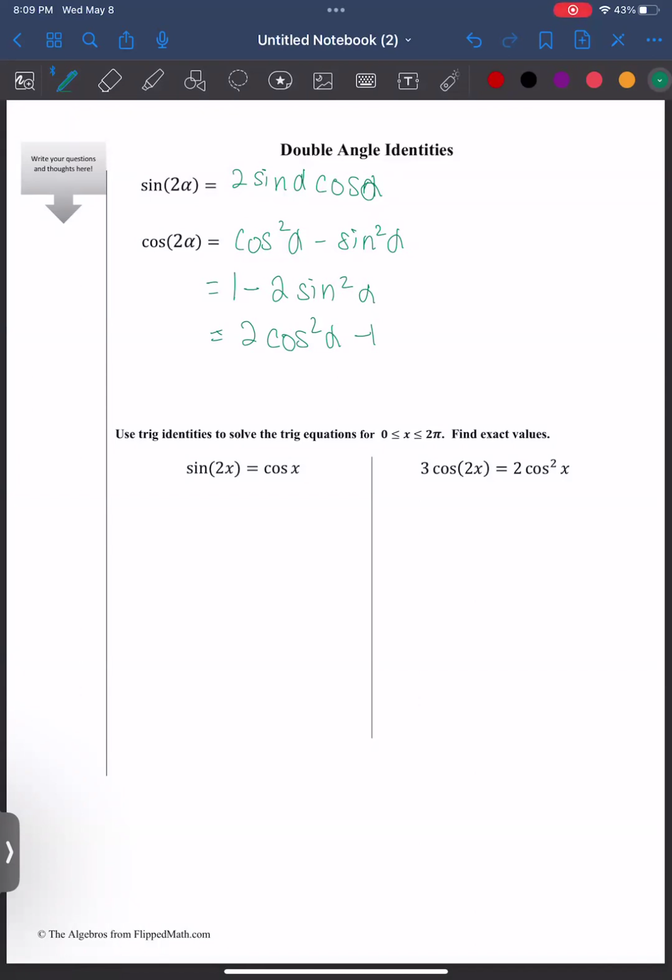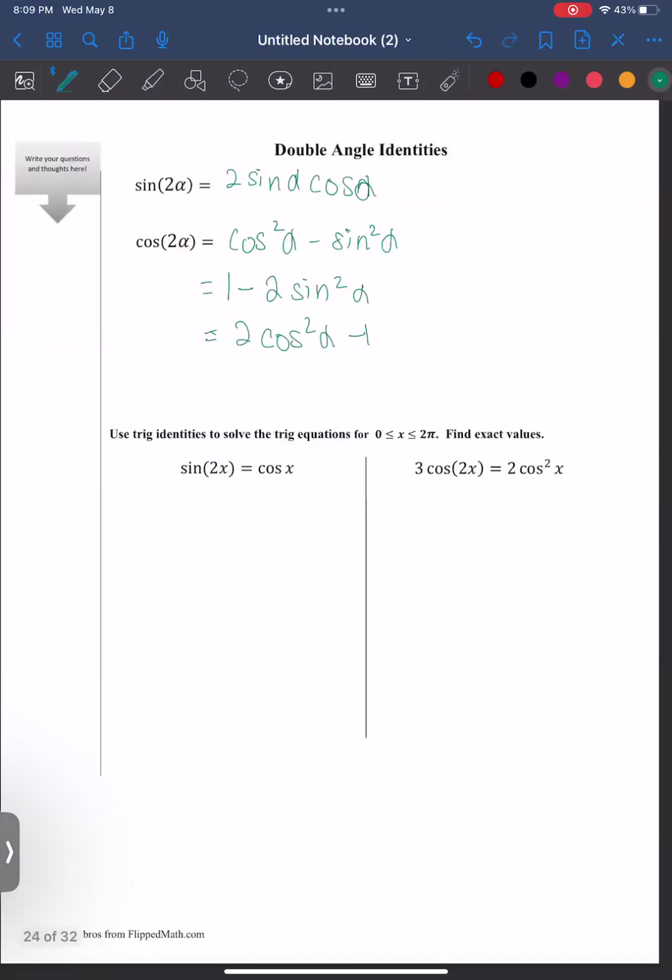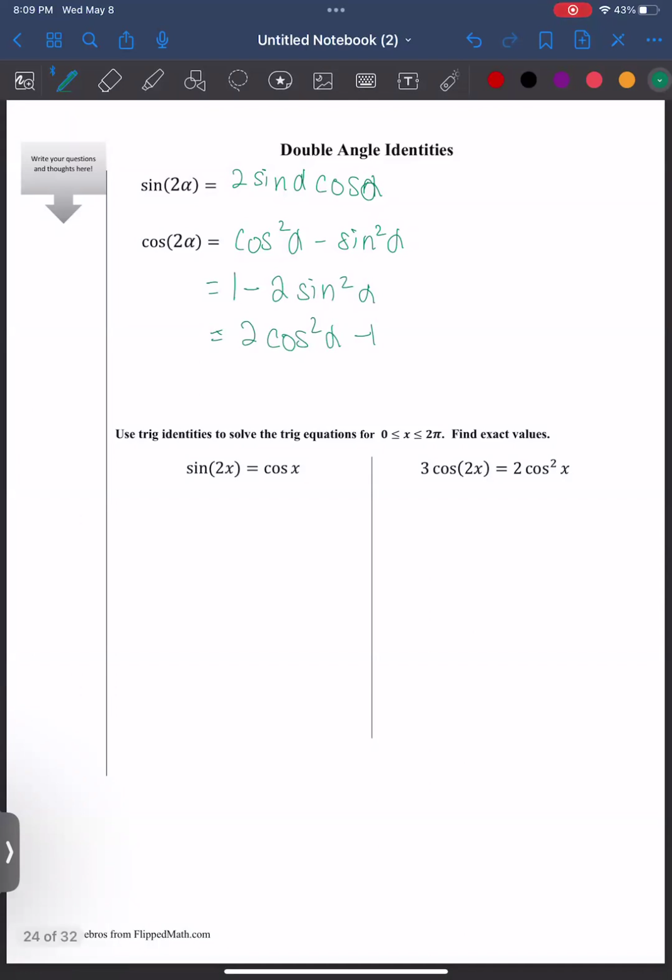Okay? Now, in solving a problem, we are going to do this one together, and then I will leave you with the other one on your own, and that will be the end of this video. So, first thing I want to do is rewrite sine 2x. So that's going to be 2 sine of x cosine x equals cosine of x.